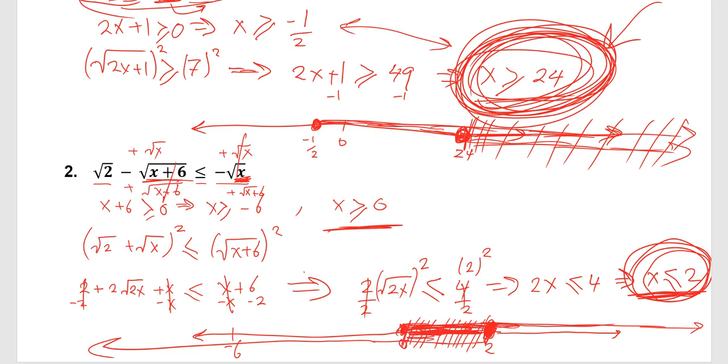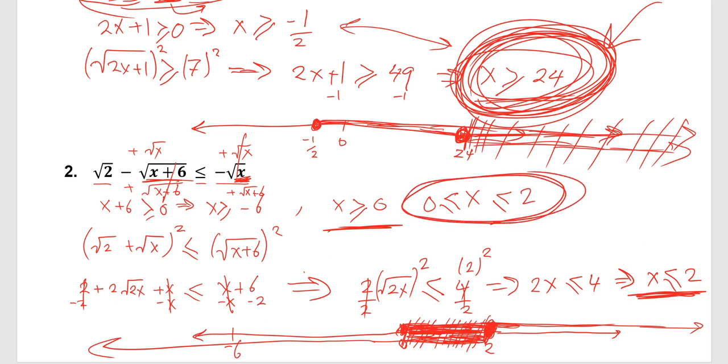Both of them have to be valid for the entire equation to work. So again, this is the equivalent of an AND operand. So we really have x greater than or equal to 0 and x less than or equal to 2. This is my solution. Okay? So this is the solution as represented here.